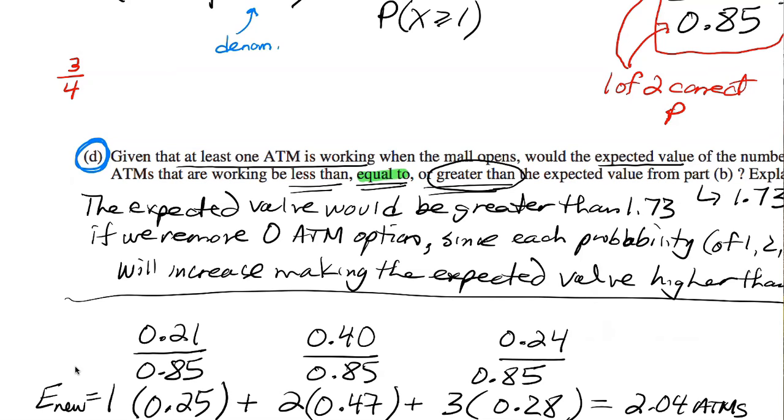So to get an E on this, first you have to say greater than. If you didn't say greater than, then you can't even get partial credit. Then to get an E, you could either make an argument like we did here, but you have to say that each probability is increasing, or something about proportionally they're getting bigger because we threw out the zero case.